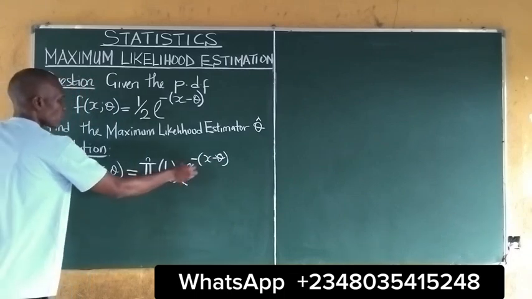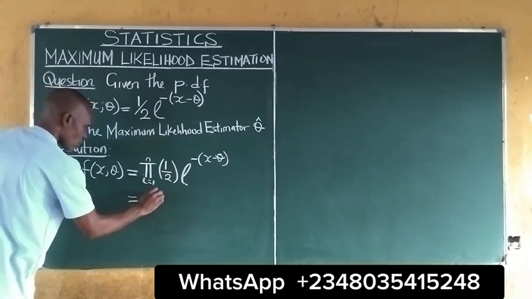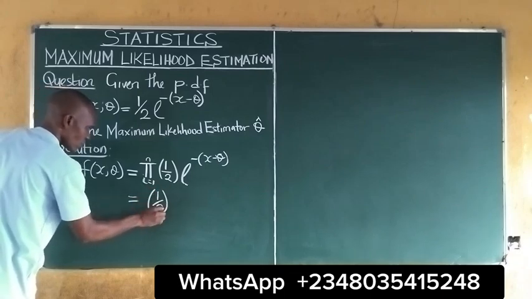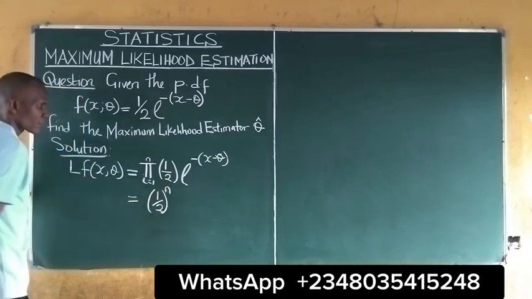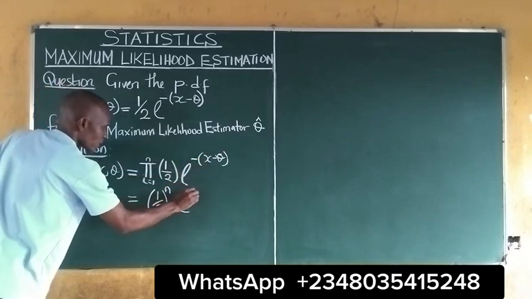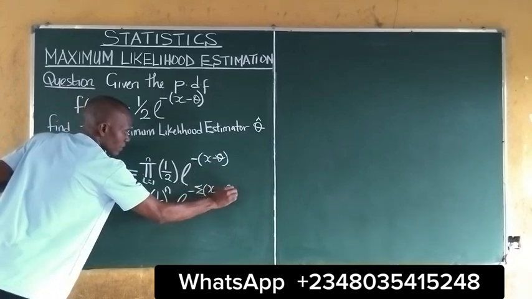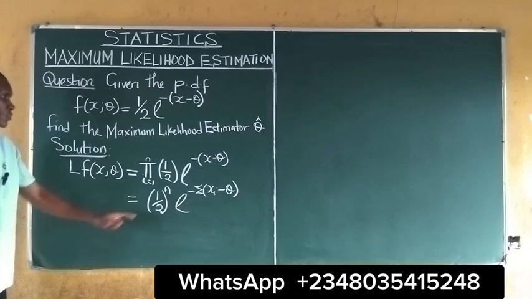So if we take the product of this, we'll arrive at something like this: 1 over 2 raised to the power of n, exponential of negative summation of xi minus theta. So this is what we'll get.